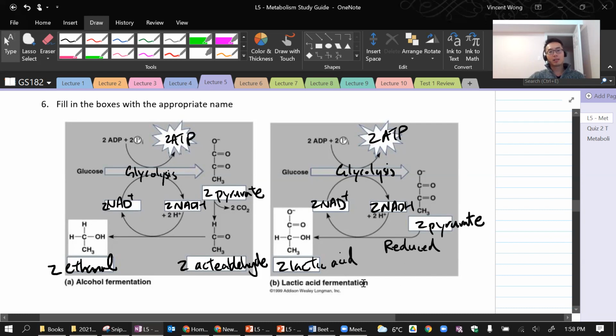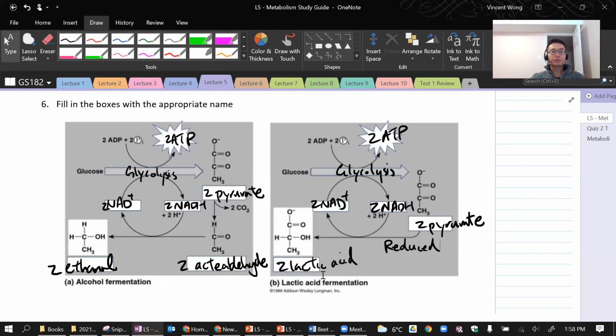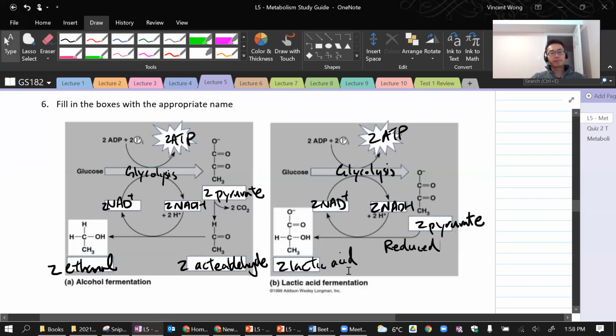But eventually you're going to give up because these 2 ATPs that we're getting are just not enough to keep those muscles contracting. And how are you going to feel the next day after running full speed for as long as you can? Well, you're going to have those burns in the muscle, right? So the lactic acid, people say it's what's causing the burn.